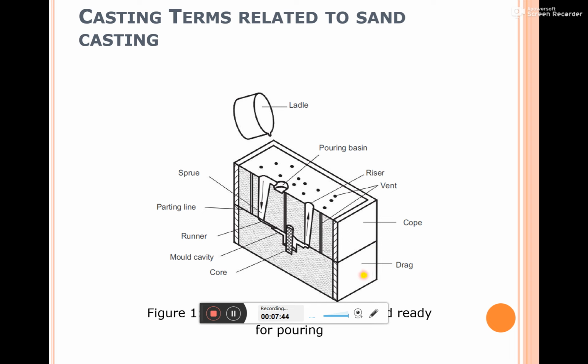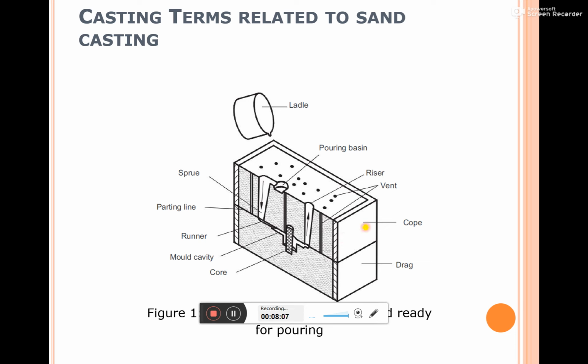These boxes are made up of metals, or sometimes they are made up of wood. Later I will explain how the other elements are prepared. First I am going to explain the function of each and every element.